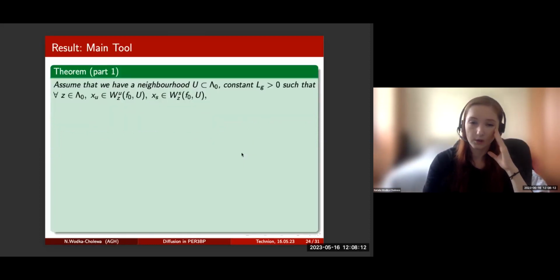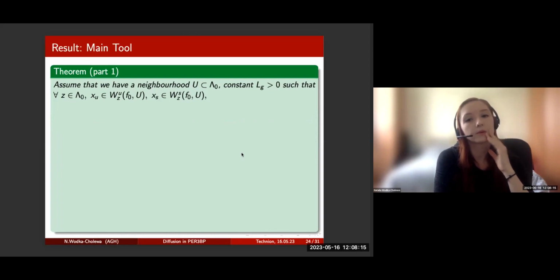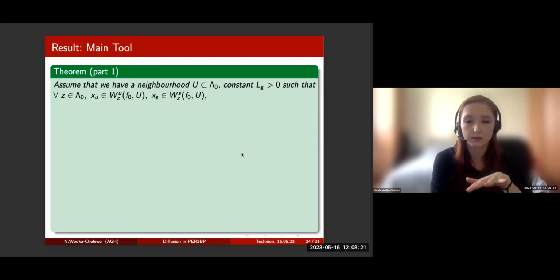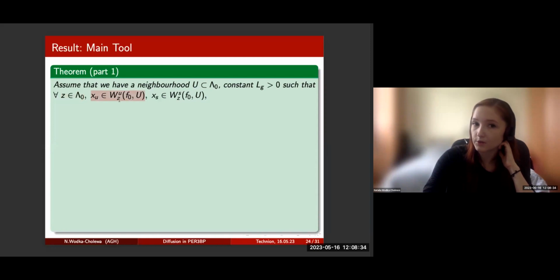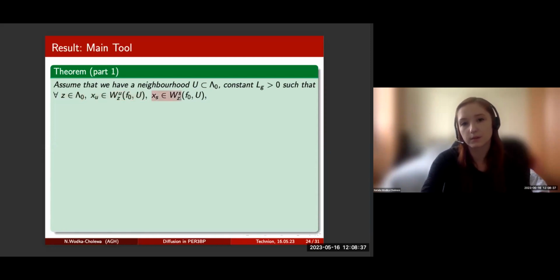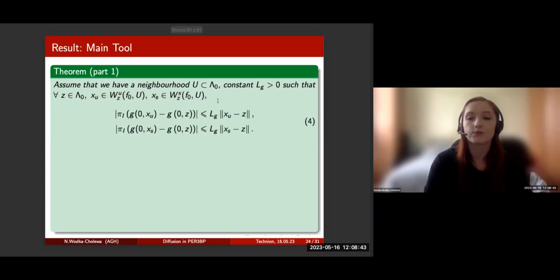So this is the theorem. We have some neighborhood of our invariant manifold on the unperturbed system, and some constant L_g bigger than 0. We take, for every point from our manifold, and this point is from, as you see, the unstable manifold of Z, and this is the stable, of course, local manifold of Z. And for this point, we have something like this. It's Lipschitz-like inequalities, right?